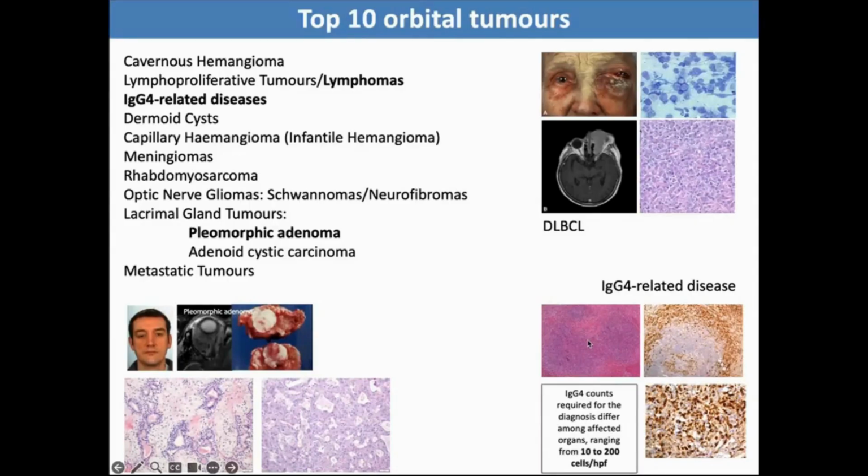dense lymphocytic infiltrates, perhaps with the formation of reactive lymphoid follicles, please look out for the degree of plasma cellular differentiation, and always consider doing an IgG and IgG4 stain. And there are certain criteria which are required to make the diagnosis of IgG4 related disease.